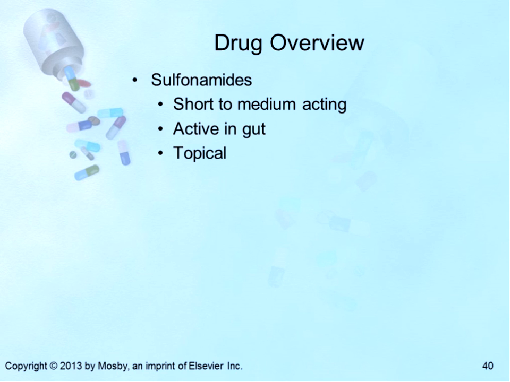The sulfonamides and tetracycline antibiotics remain valuable low-cost agents for use with most of these soft tissue and skin infections. They are short to medium acting. They're active in the gut and can be used topically. Frequent allergic reactions and drug resistance limit the more extensive use of sulfonamides.